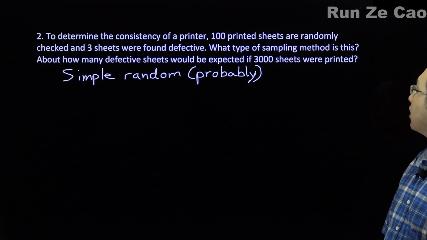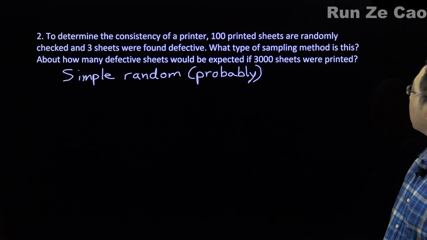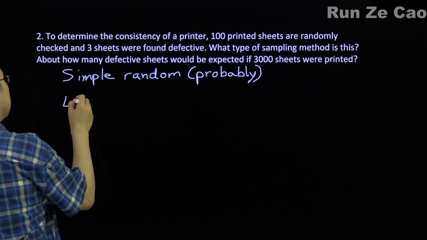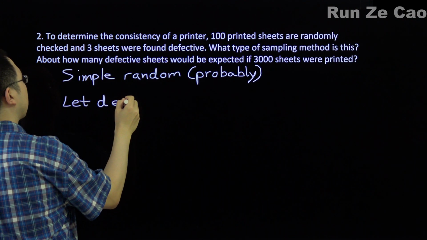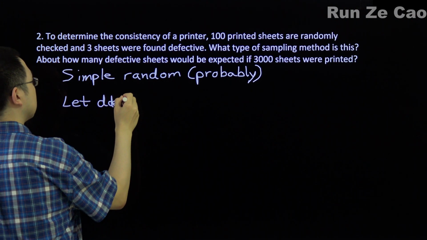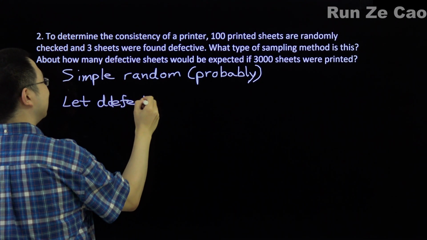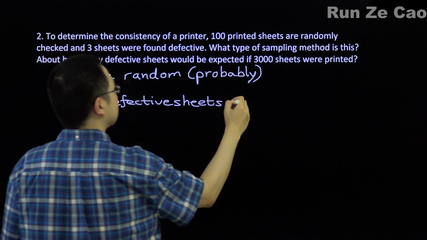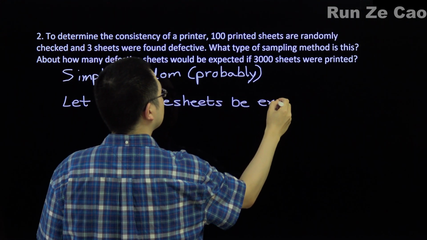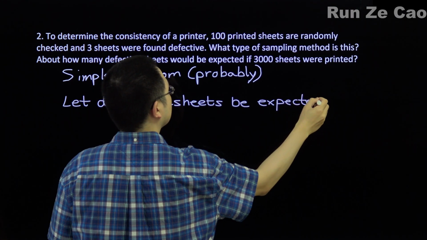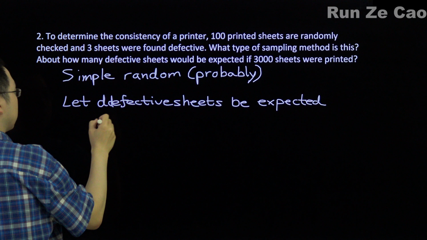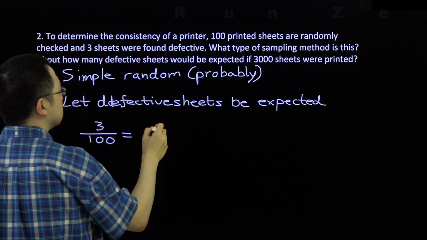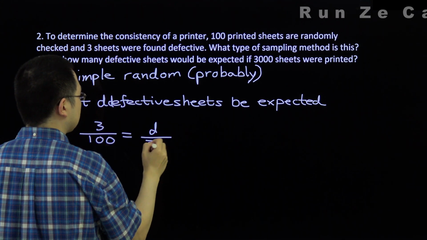So, about how many defective sheets would be expected if 3,000 sheets were printed? Then you got 3 sheets defective out of 100 is equal to D sheets defective out of 3,000.